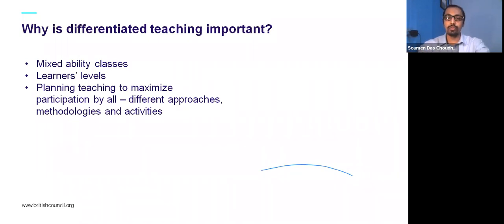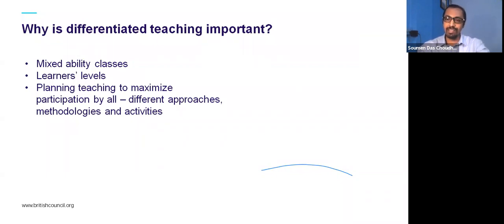The last point, which is planning teaching to maximize participation by all, I think this is the core of differentiated learning. Because to achieve effective differentiation, we need to tailor our planning and teaching to enable all learners to participate and achieve with the level of challenge which is appropriate for them.